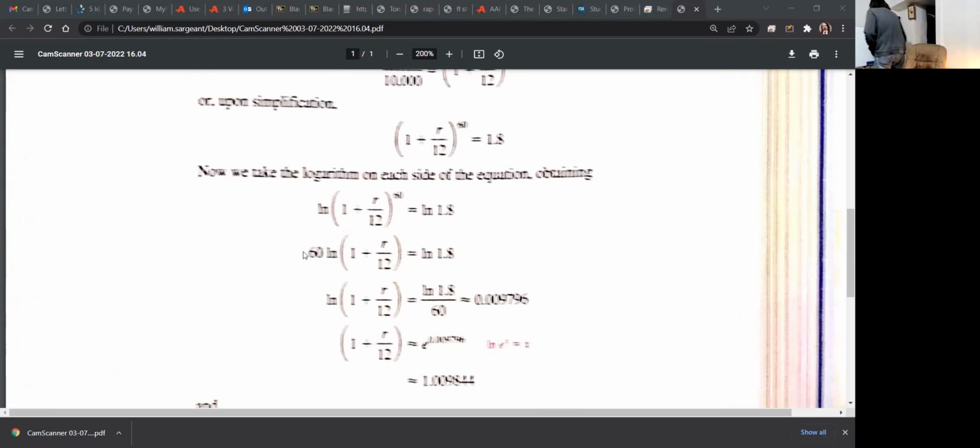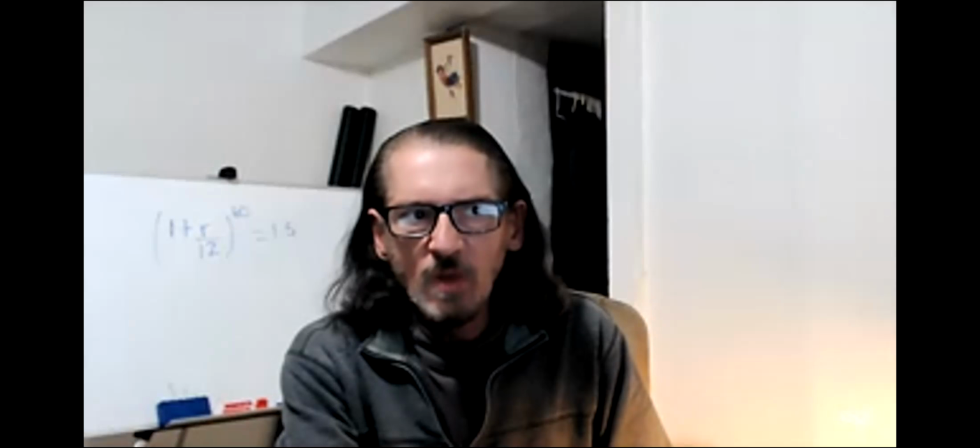Instead of doing that, what I'm going to do is take 1 plus R over 12 to the 60th power equaling 1.5, because the variable is inside of an expression where we know what number the exponent is equal to.